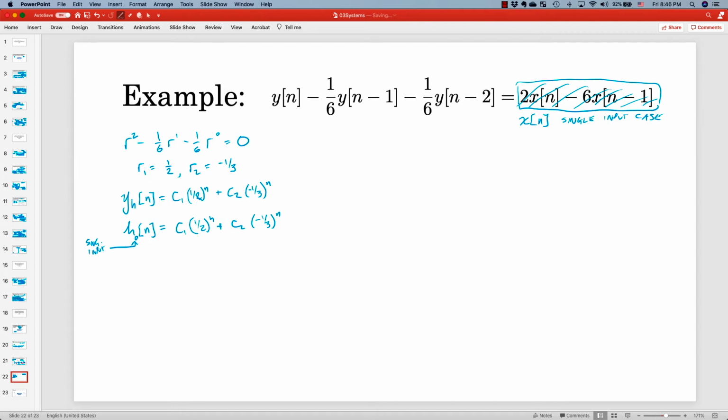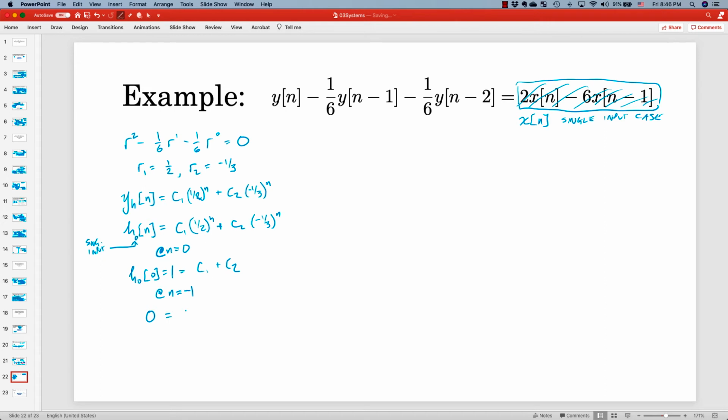Okay, so now we use our initial conditions. So at n = 0, h0[0] is 1 by the result from the last slide. And so that is c1 + c2. We have two unknowns, so we need to go one time step back. And at n = -1, the initial condition there is 0 from the previous slide's argument.